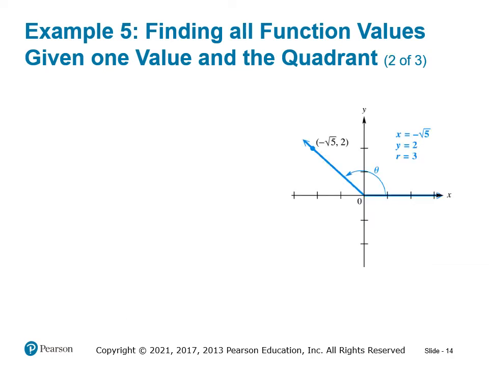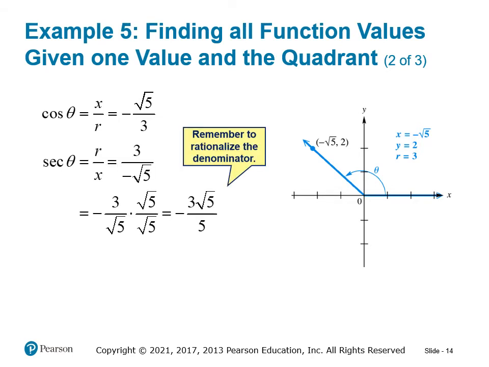It might help you to actually see it like we did the first problems. We can easily graph this with the x and y value, the y value given by the problem, the r value given by the problem, given the value of sine, and then the x value that we calculated. So here we have x, cosine equals x over r, secant equals r over x.